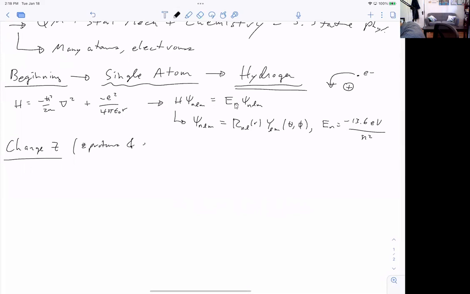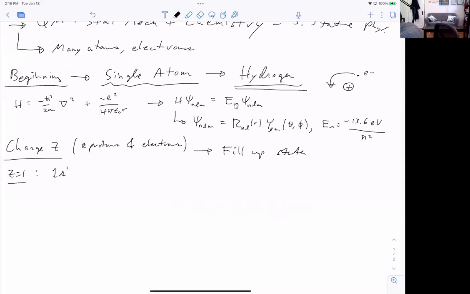The number of protons and electrons for a neutral atom, of course. Then you fill up the states, and you can get, for example, for Z equals 1, one electron in the 1s state.